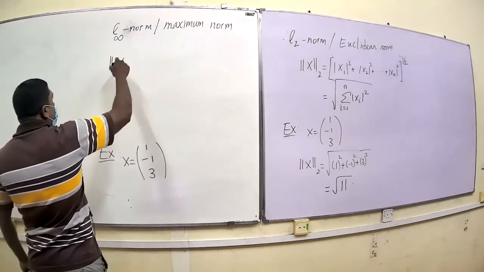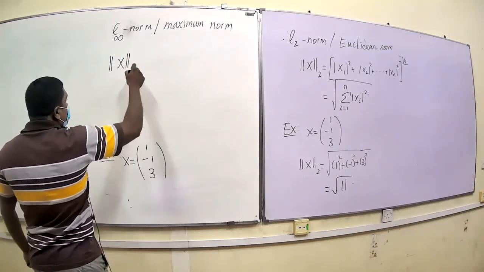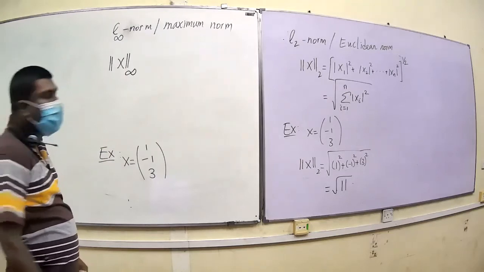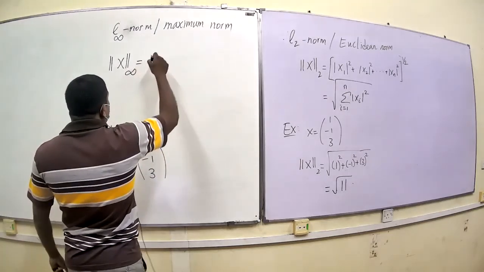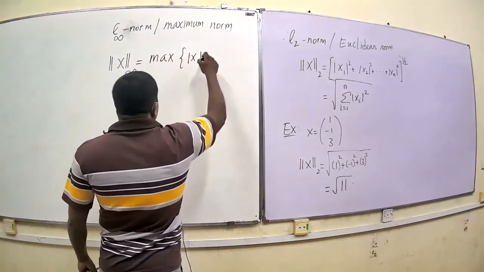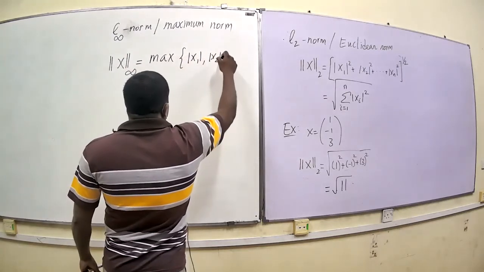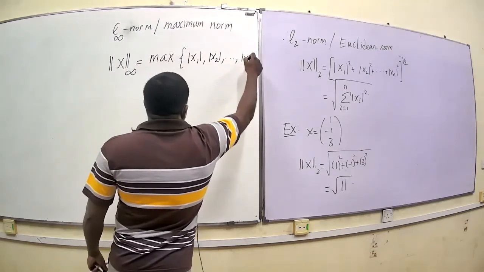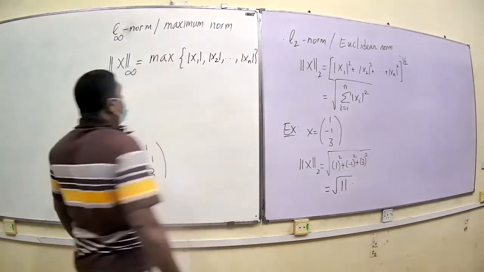Here we use infinity as a subscript. It's basically the maximum among x1, x2, up to xn.